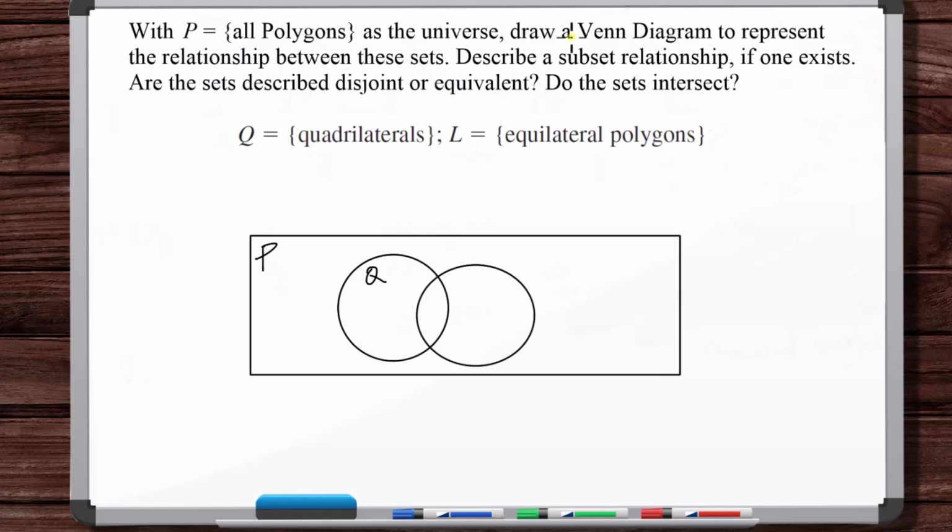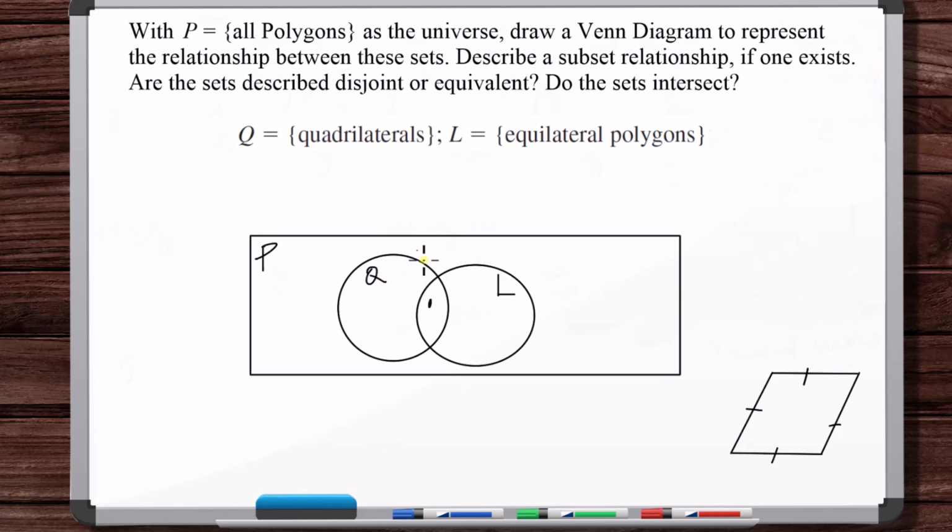Because we can absolutely have equilateral polygons that are quadrilaterals, like a square or a shape like this. This is an equilateral polygon that's also a quadrilateral. That would fall here, right?